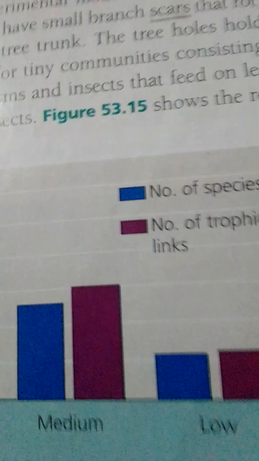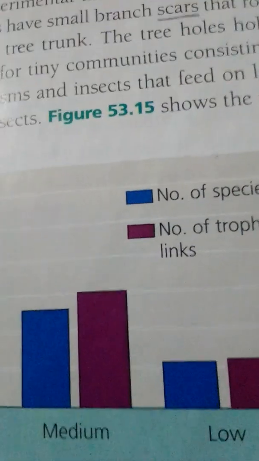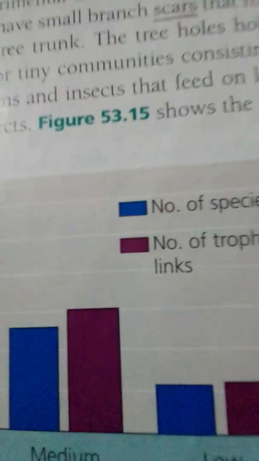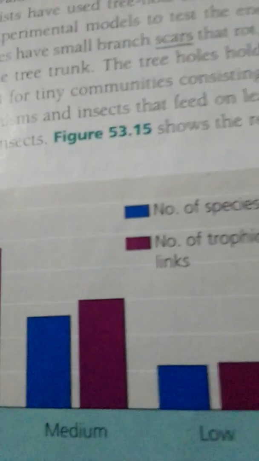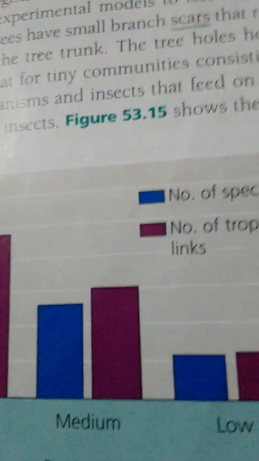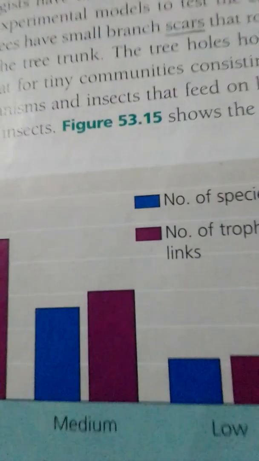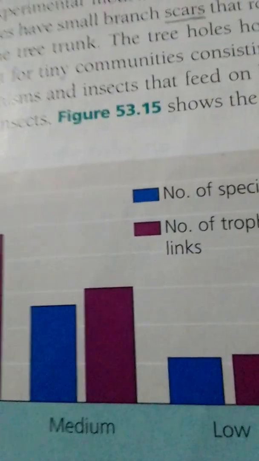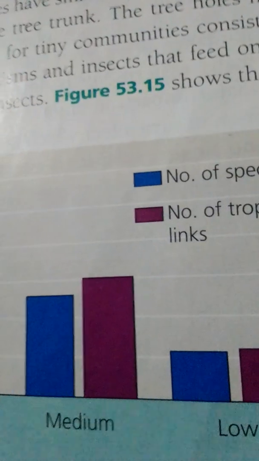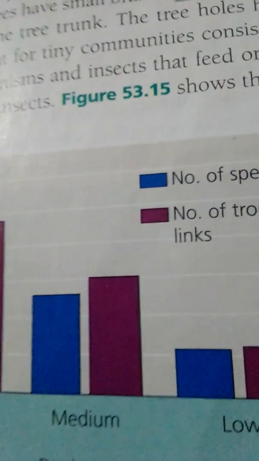A second hypothesis, the dynamic stability hypothesis, proposes that long food chains are less stable than short chains. Population fluctuations at lower trophic levels are magnified at higher levels, potentially causing the local extinction of top predators. In a variable environment, top predators must be able to recover from environmental shocks such as extreme winters that can reduce the food supply all the way up the food chain.